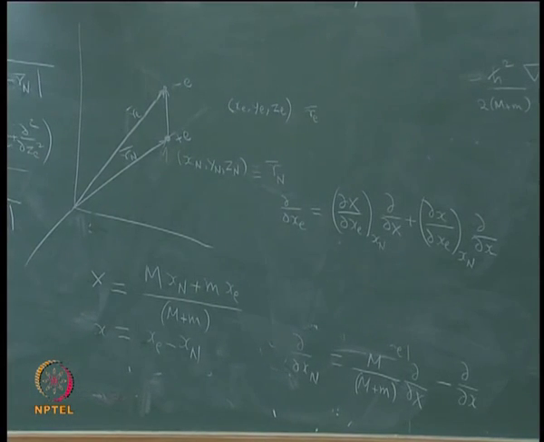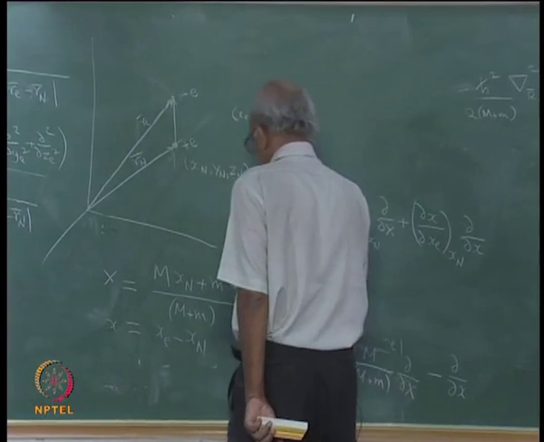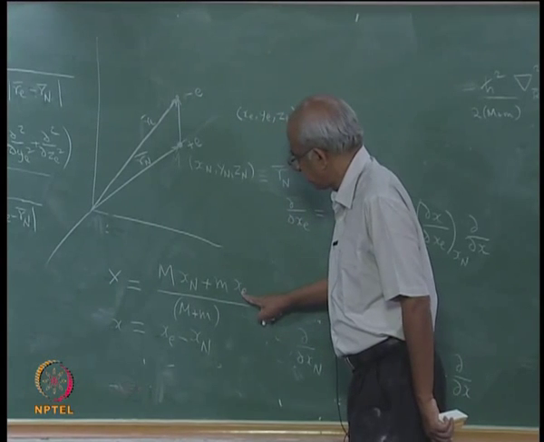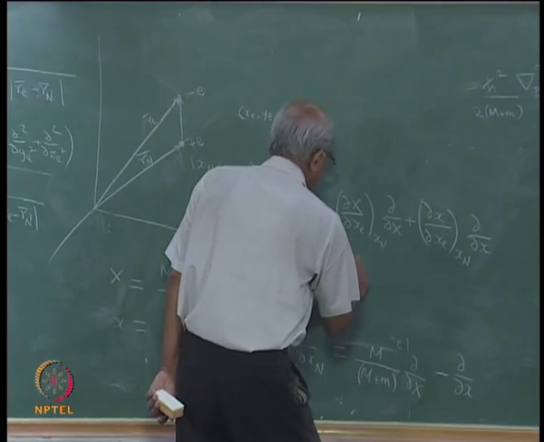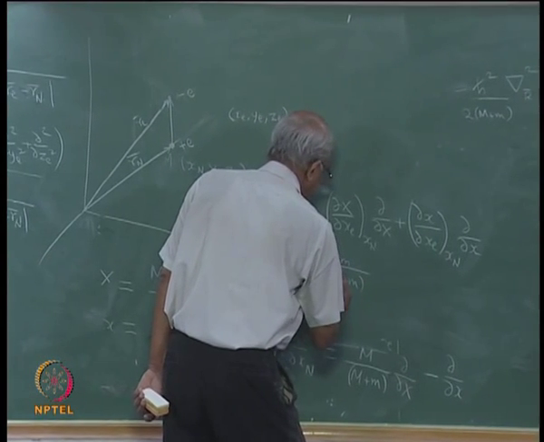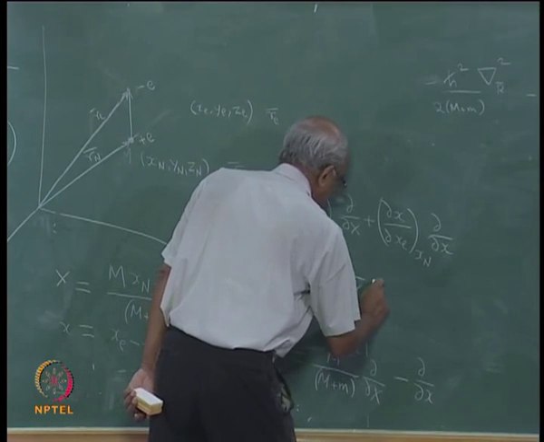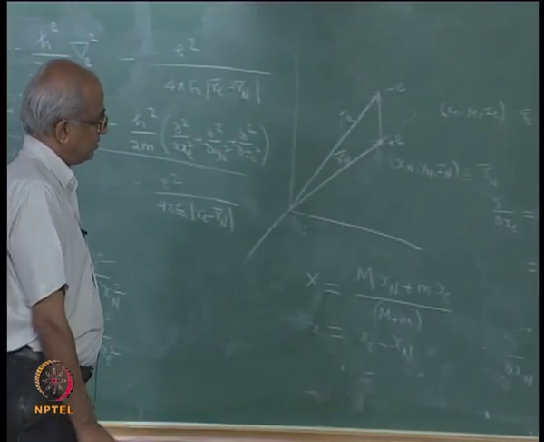Fine. And what is this object? Dou capital X by dou x e, I will have to differentiate capital X with respect to x e, keeping x n constant. So, the answer is actually small m divided by capital M plus small m into dou by dou capital X plus, what is the derivative there?